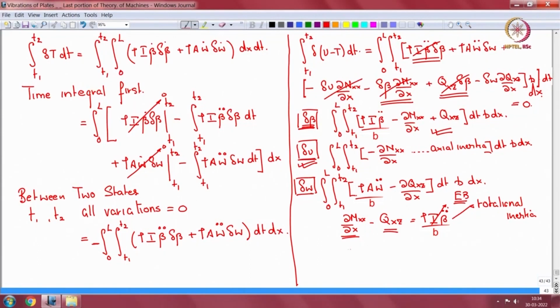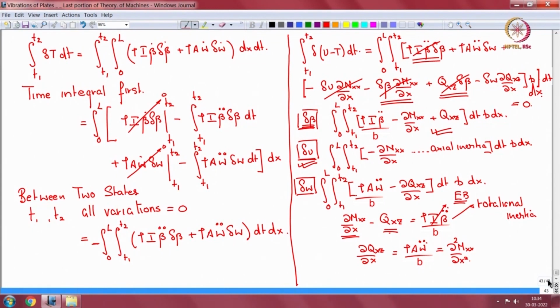And the delta w term says that del Q_XZ by del x is equal to rho A w double dot by b. Or if we substitute Q_XZ as del M_XX by del x, this is del 2 M_XX by del x square.